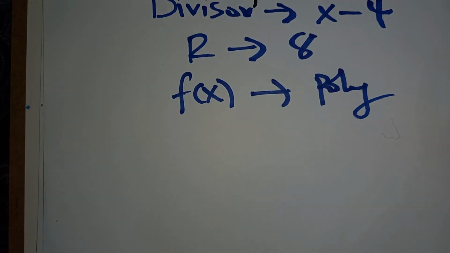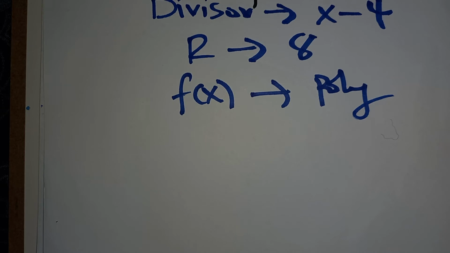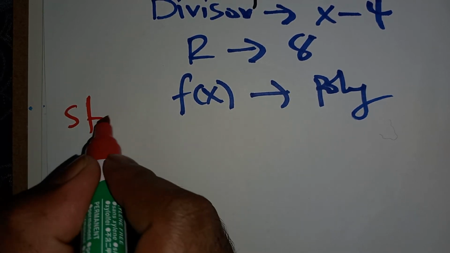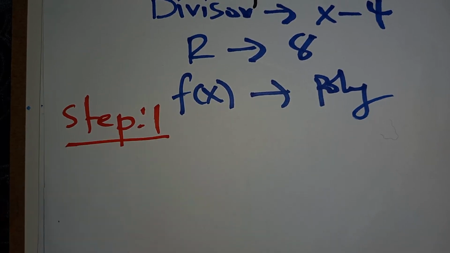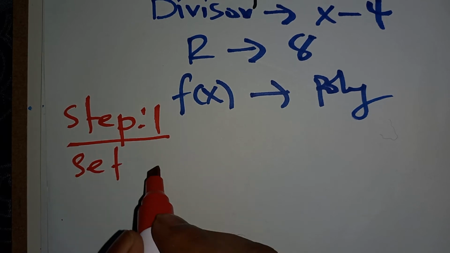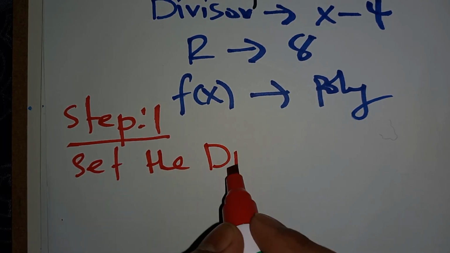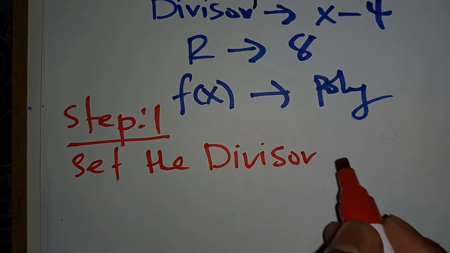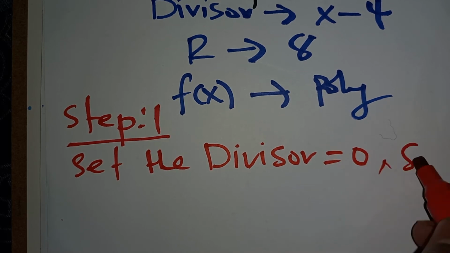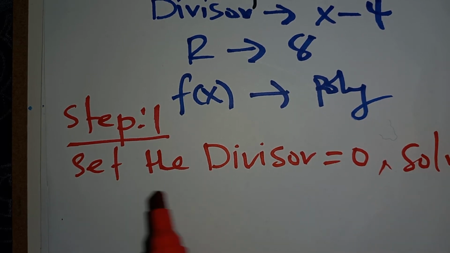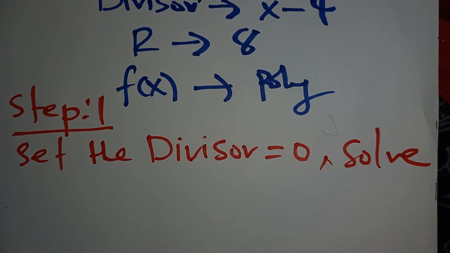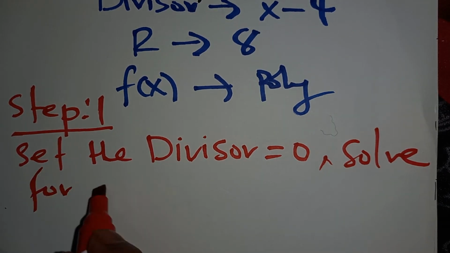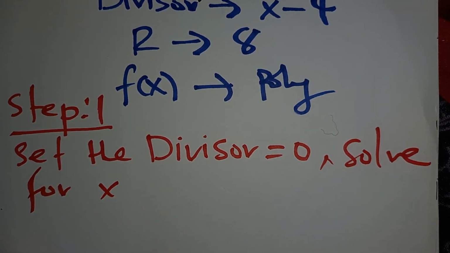So as usual, your first step, step 1, is you set the divisor equal to 0, then you solve for x, okay?